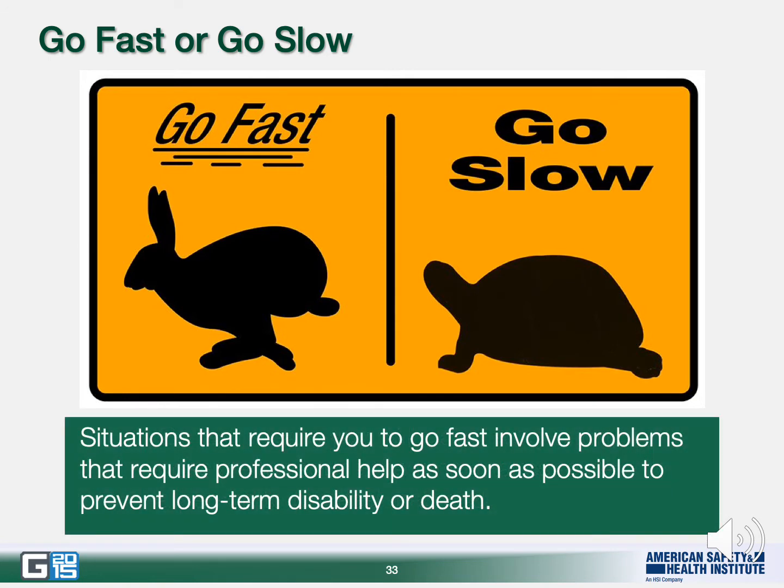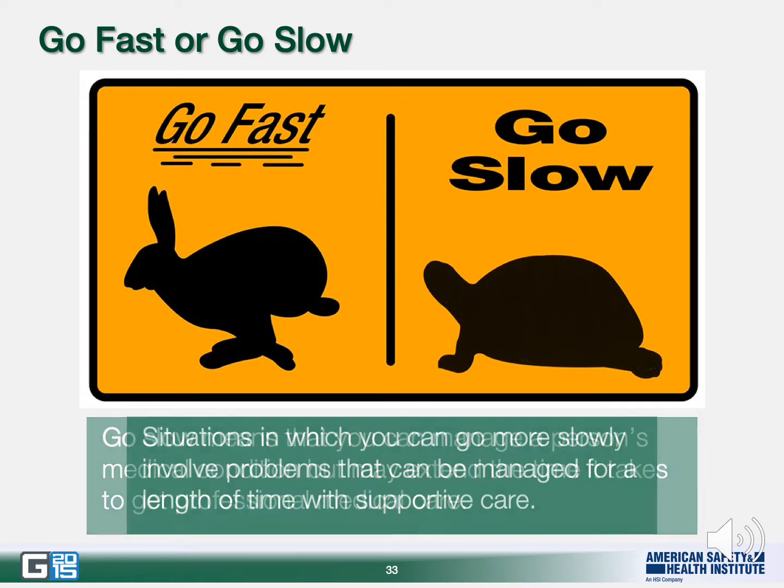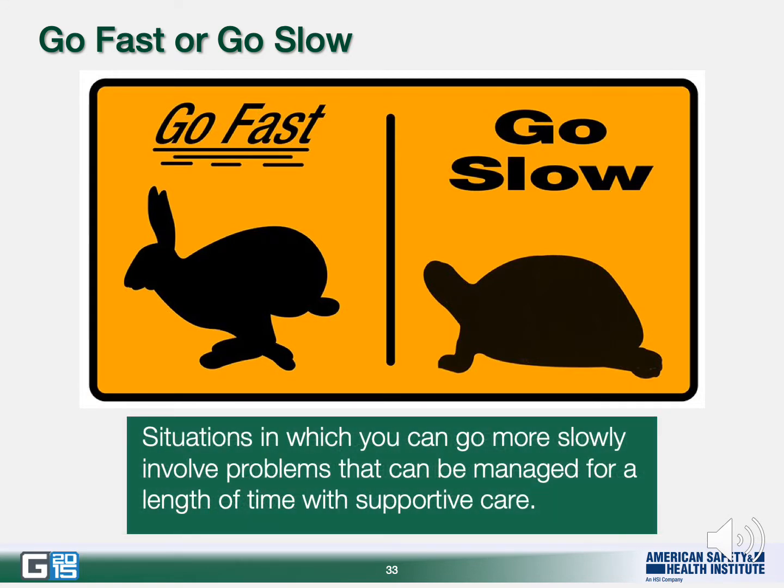Situations that require you to go fast involve problems that require professional help as soon as possible to prevent long-term disability or death. Go slow means you can manage a person's medical condition but may extend the time it takes to get professional medical care. Situations in which you can go more slowly involve problems that can be managed for a length of time with supportive care.